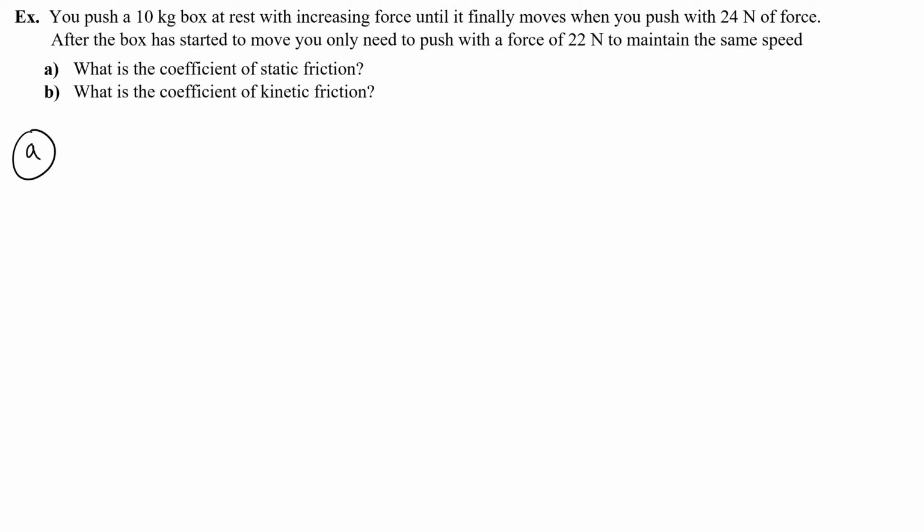This problem is giving me information about the maximum static friction, Fmax. When it finally moves and you push with 24 newtons of force, that is Fmax, the maximum static friction. Now, you know that the mass of the box, 10 kilograms, can be used to find the normal force because we just use the weight of the object.